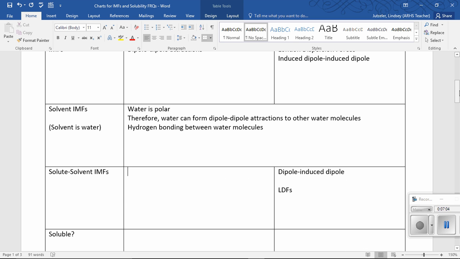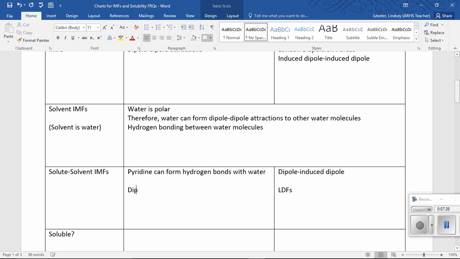So in terms of how the solute can interact with water, we can say you can form hydrogen bonds with water, which is a good thing in terms of the two of them interacting.